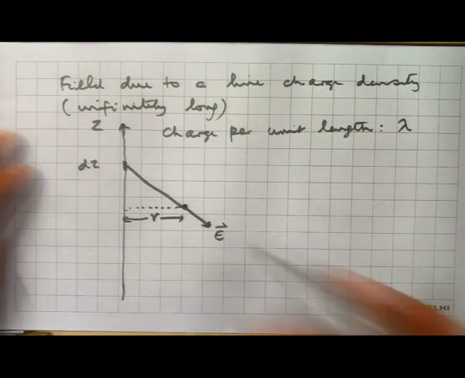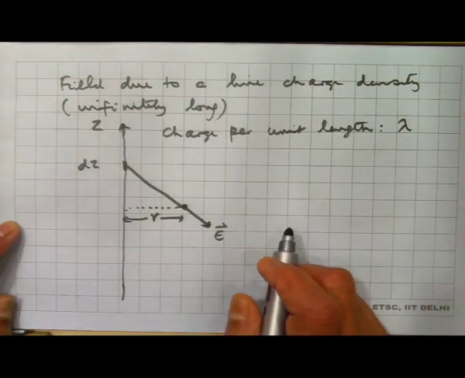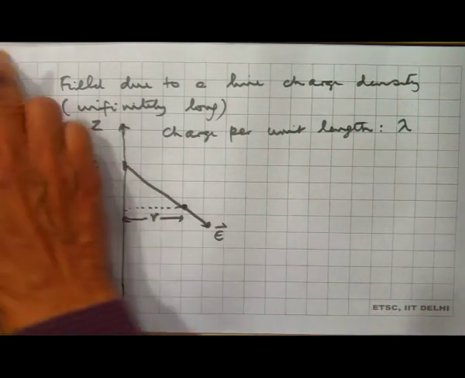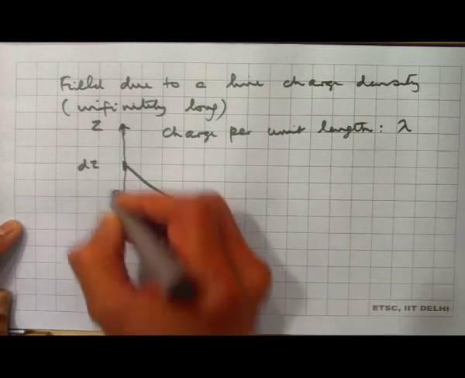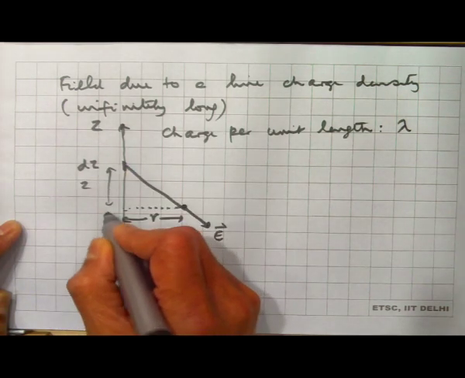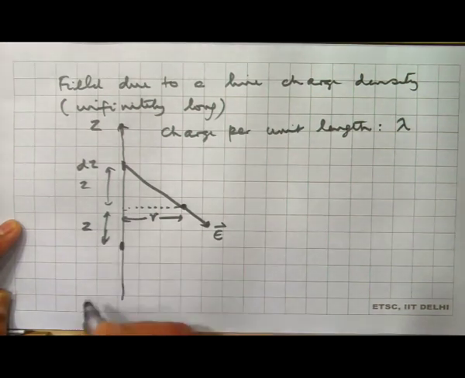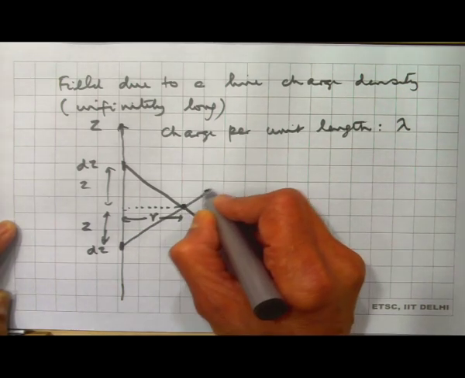Let me assume a positive charge; you can do the same calculation with negative charges, where electric fields point towards the charge. For this specific problem, I am considering a positive charge density. Please note that this element is at distance z from the axis. At a distance z on the other side I can also have an element, and this element will produce an electric field like this.